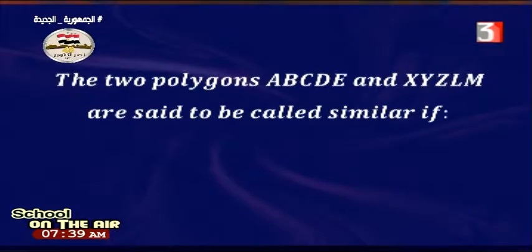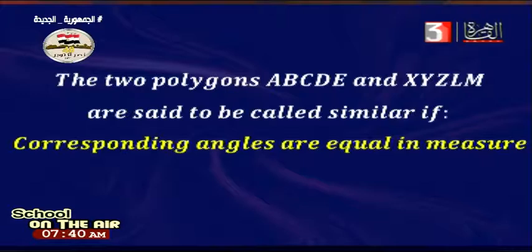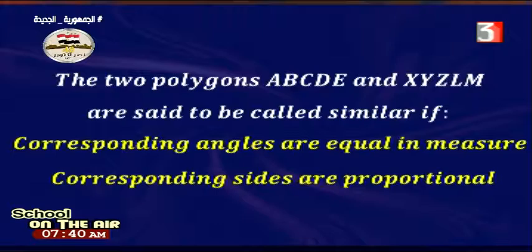The two polygons A, B, C, D, E and X, Y, Z, L, M are called similar polygons. When can we say this? We can say this if the corresponding angles are equal in measure. This means that measure angle A equals measure angle X, and so on. And also corresponding sides are proportional.